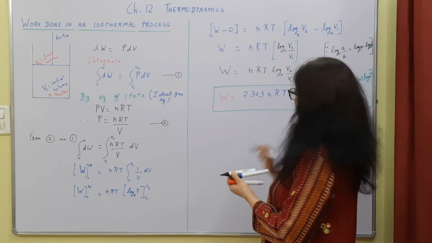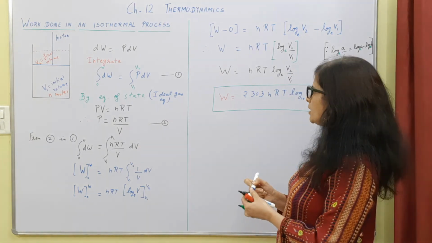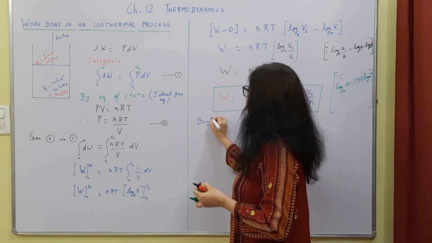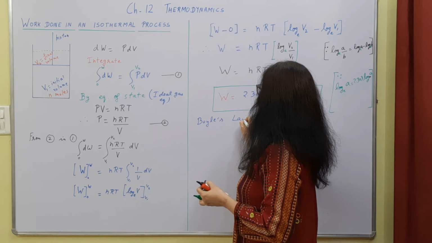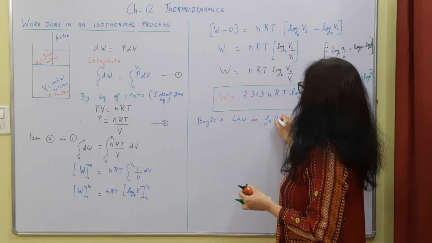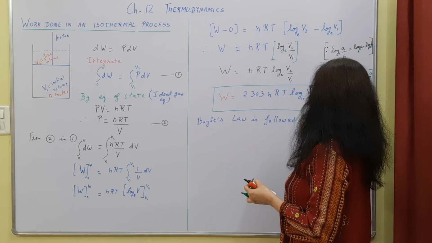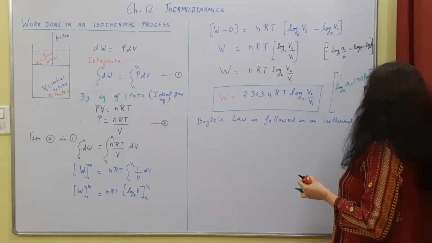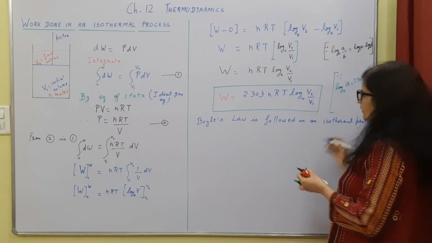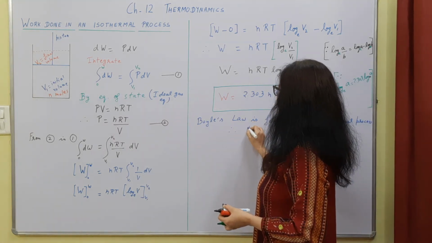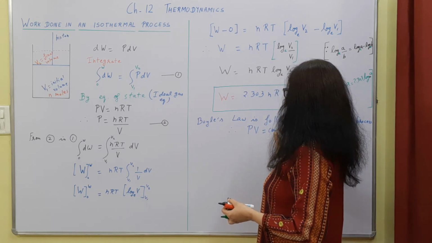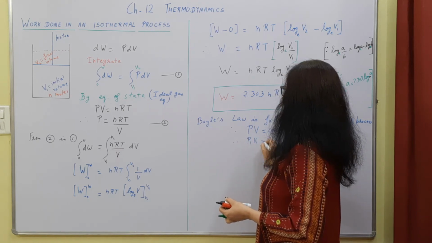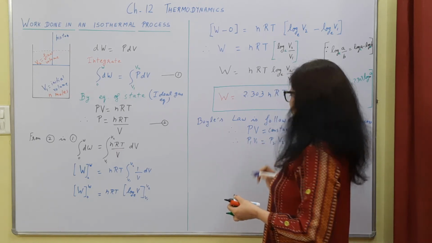Now for the other form, we know that Boyle's law is followed in an isothermal process. Therefore, PV is equal to constant. Therefore, P1 V1 is equal to P2 V2.